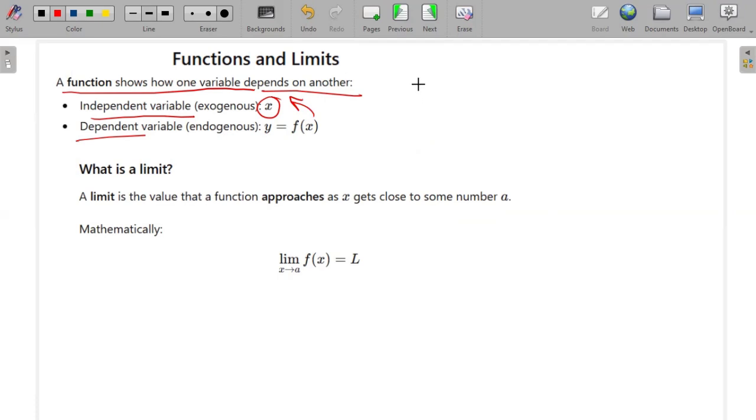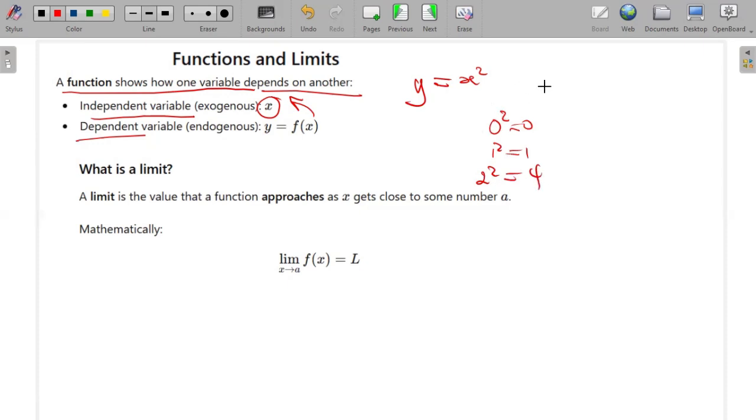Let me give an example. Let's say we have y is equal to x squared. So x squared here is defined for all real numbers. It can take up all real numbers. If I put 0 there, 0 squared, you get 0. If I put 1, you get 1. If I put 2 there, square 2, you get 4.